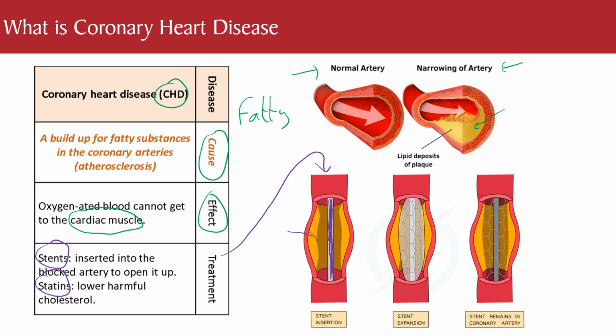Then the stent expands, a bit like a balloon, and you can see it expanding there. Then eventually, when the balloon gets taken out, it leaves a stent, which is a bit like chicken wire, a sort of metal mesh that's left in place. What that has done is open up the vein, and it allows blood to flow properly. It's very clever.